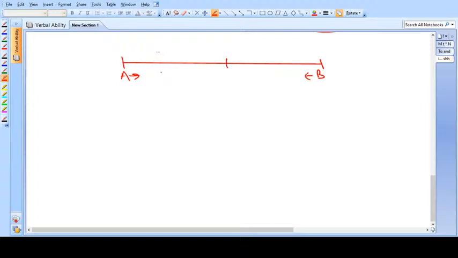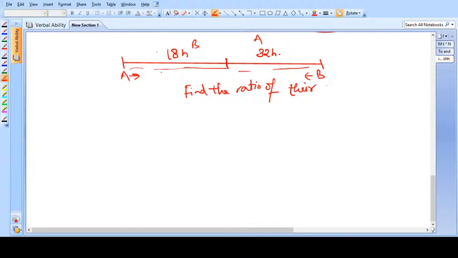A takes T1 time, that is A takes 32 hours, okay, and B takes 18 hours after the meeting point. Find the ratio of their speeds. So the ratio of their speeds will be A by B is equal to root of TB by TA.